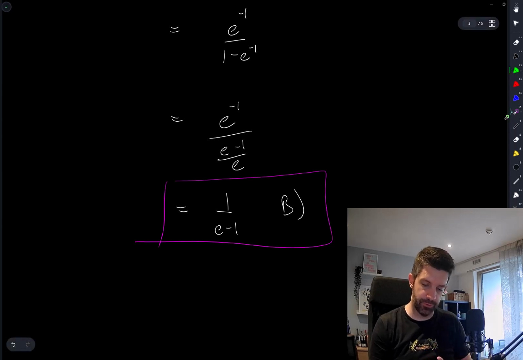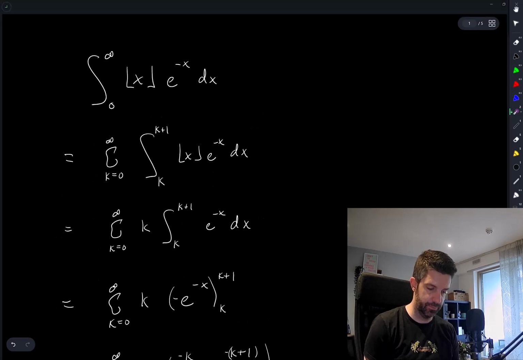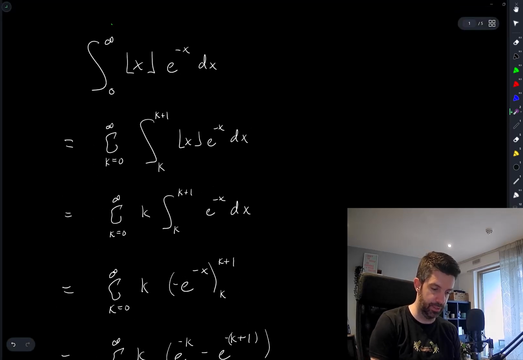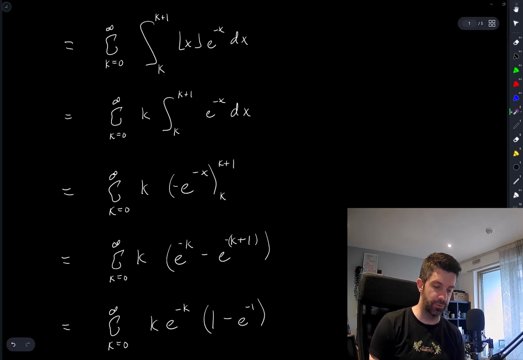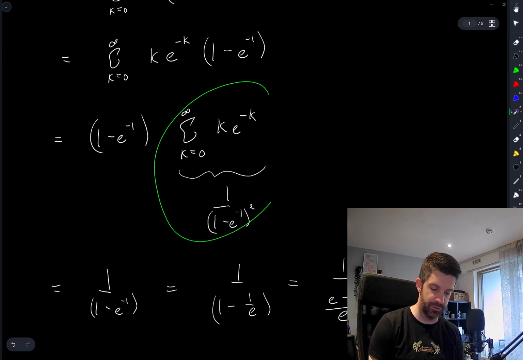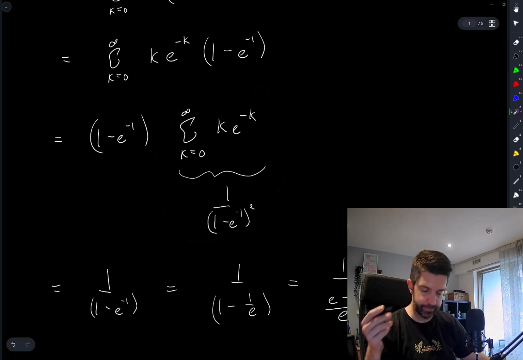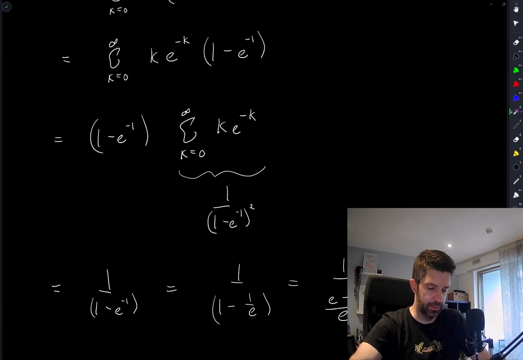Okay, took a bit of a roundabout way of getting there. I mean, my first step, I'm sure was correct. Breaking this integral up into a sum of integrals over subintervals seems like a perfectly reasonable thing to do, given that this function is constant over each of these intervals. The integral itself was fine. It was just, I did something with an arithmetico-geometric series, I don't know, 2 months ago.